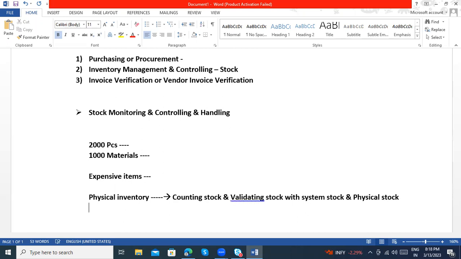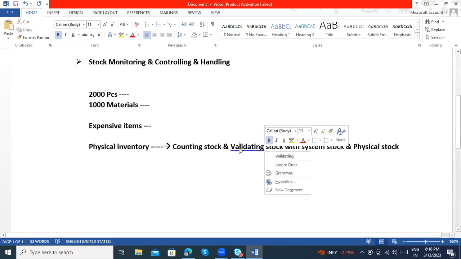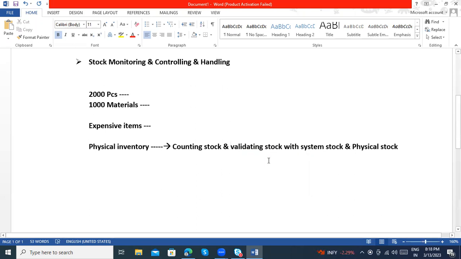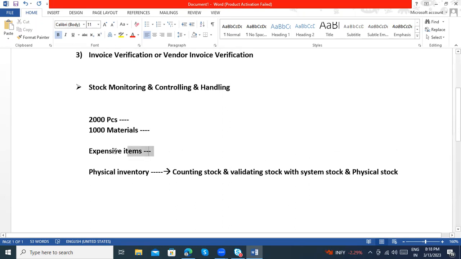You might do it weekly, monthly, quarterly, or yearly. It depends on the product. If it is not expensive and I don't want to spend much time, maybe I can do it quarterly or yearly.